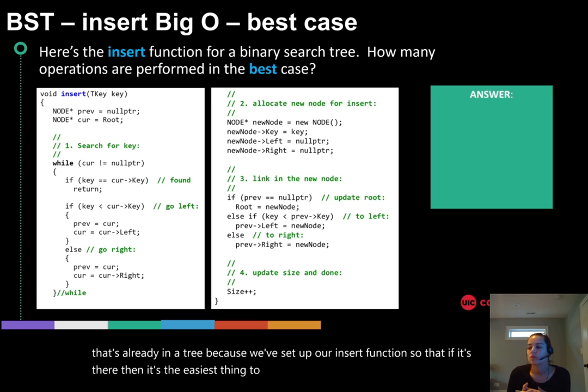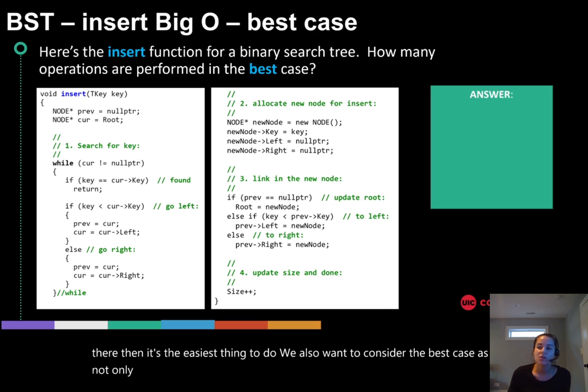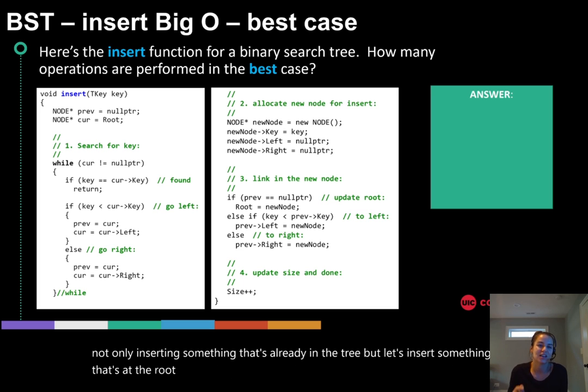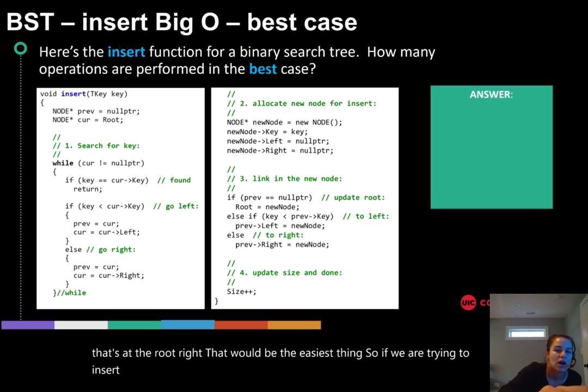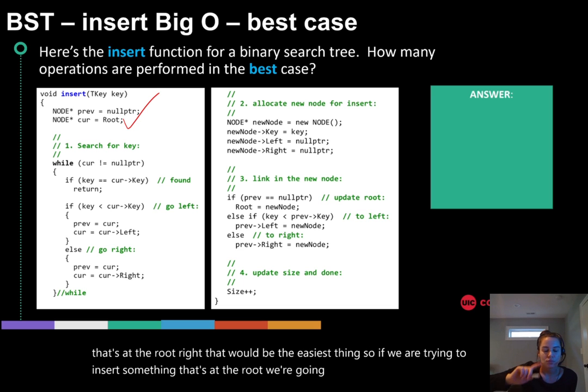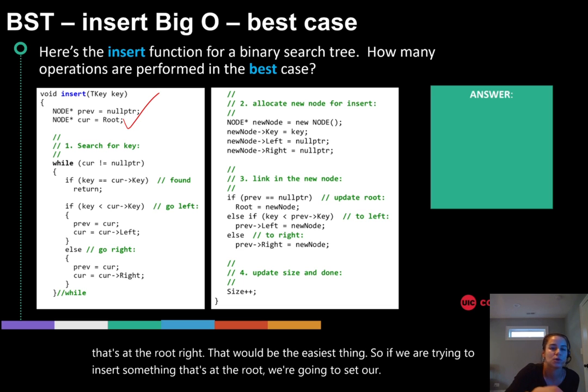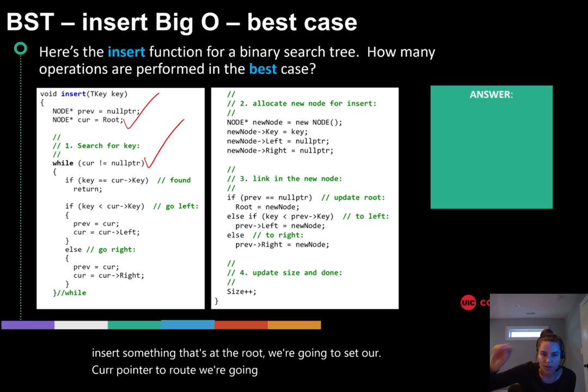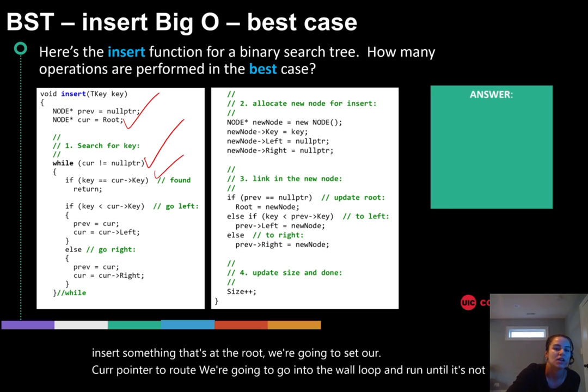We also want to consider the best case as not only inserting something that's already in the tree, but inserting something that's at the root. That would be the easiest thing. So if we are trying to insert something that's at the root, we set our cur pointer to root. We go into the while loop and run until it's not null, and then we check.